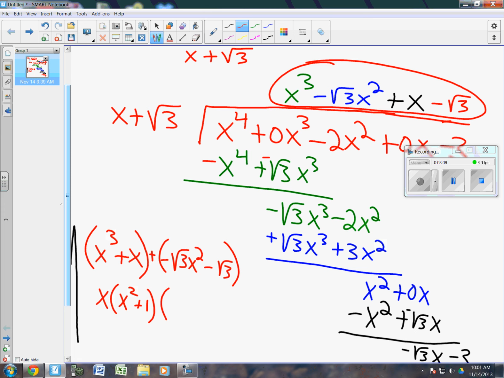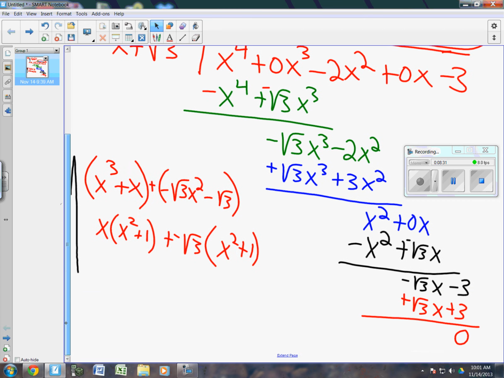And on this one, I could factor out a negative root 3, and I would end up with x squared plus 1. Okay? And then I could factor out an x squared plus 1 and times it by an x minus root 3.